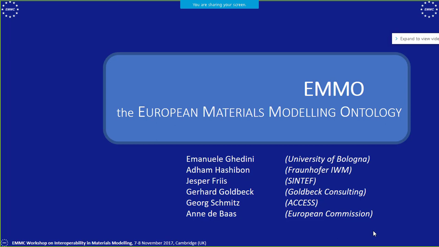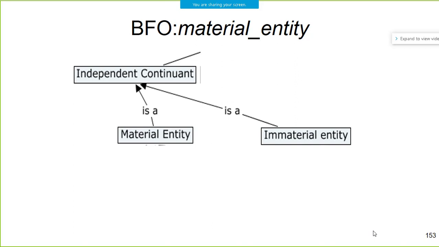I'll start by showing you how BFO deals with materials. First of all, if I say I'm interested in sugar, or I'm interested in oxygen, then that can mean two things. It can mean I like eating sugar, or in other words, I'm interested in specific lumps of sugar or packets of sugar or spoonfuls of sugar on the one hand, or it could mean I'm interested in the chemistry of sugar or the physics of sugar.